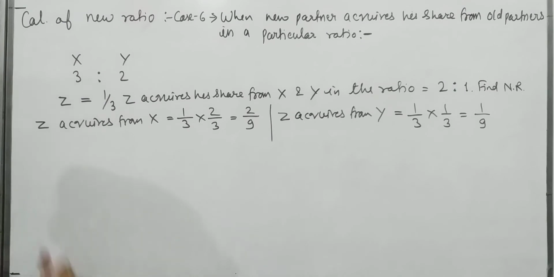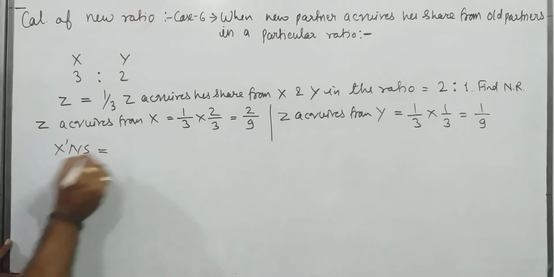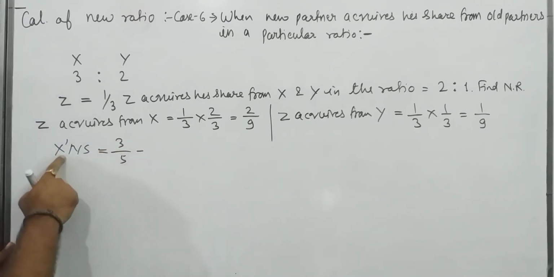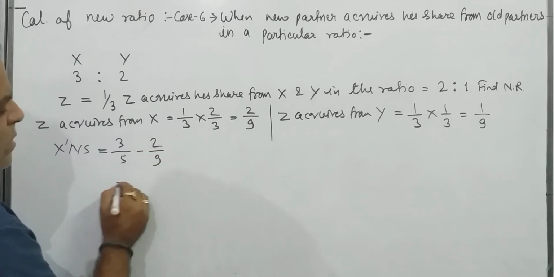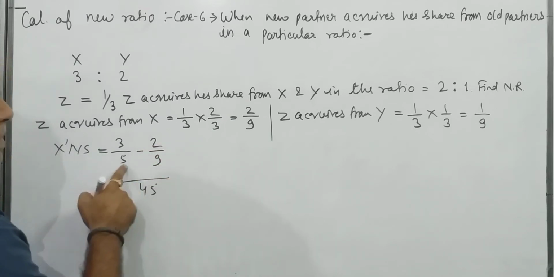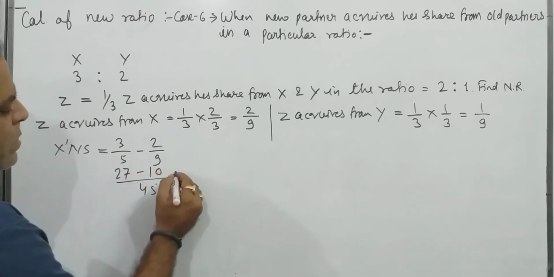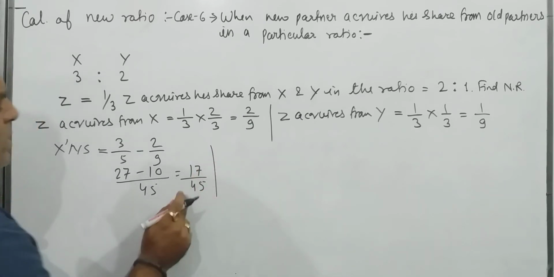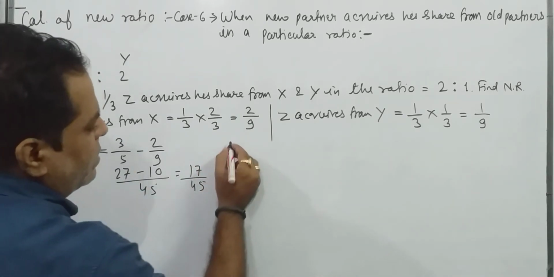So we can now determine the new shares. X's new share: what is the old share? 3/5. How much is X sacrificing? 2/9. That gives 17/45. This is X's new share.